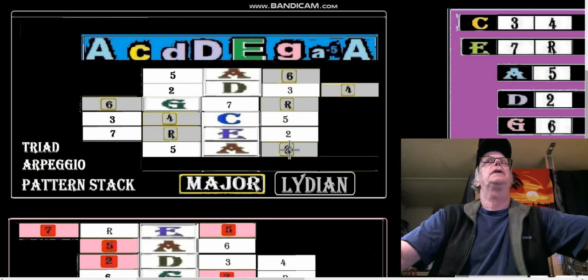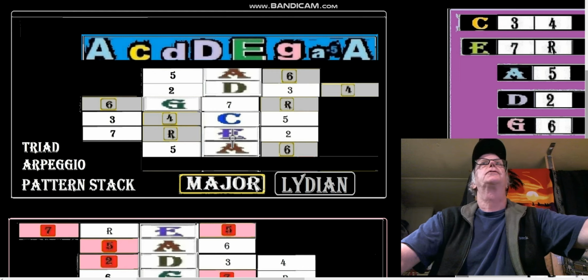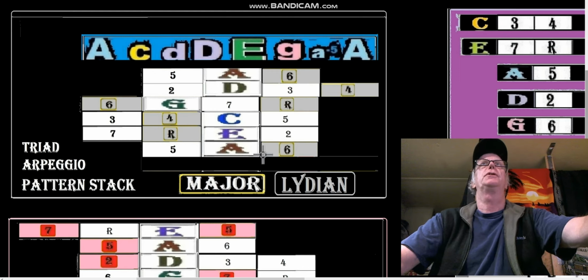arpeggio. Okay, starting on the 6th of the parent key of C, let's say, we're going 6, root, 4. That's first inversion, so it's starting in first inversion.